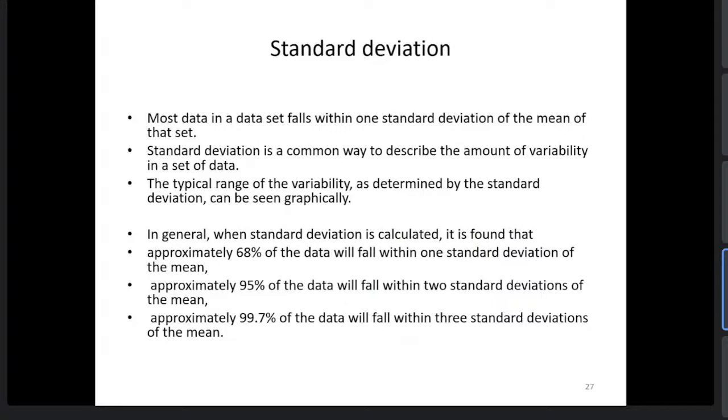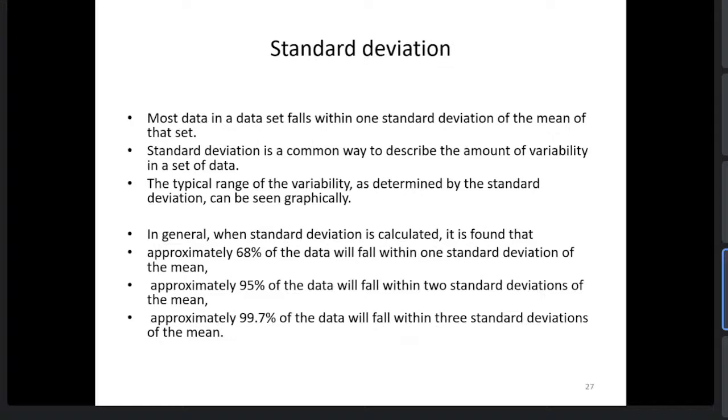So here I have explained it. Most of the data falls within one standard deviation of the mean value. Here it is shown that 68% of the data falls within one standard deviation of the mean value. 95% of the data falls within two standard deviations.